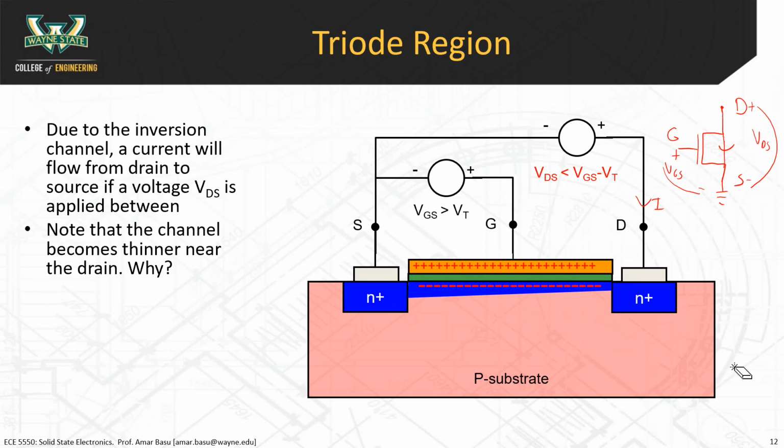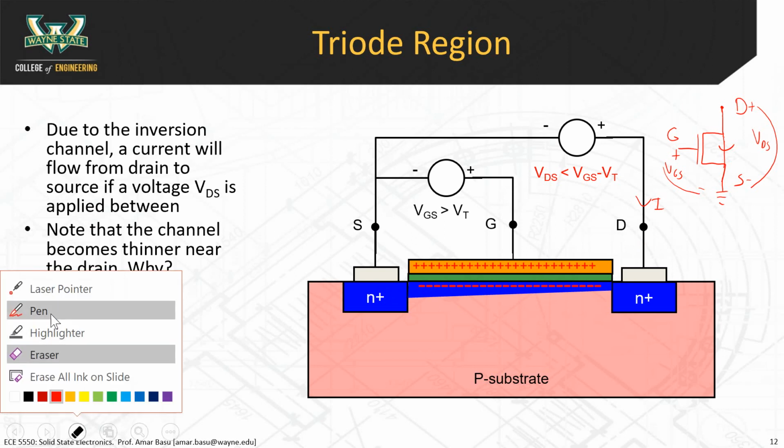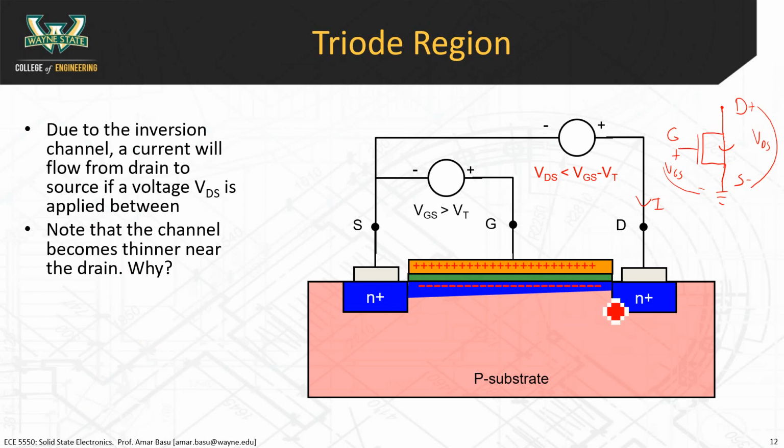Okay. So the question is, why does the channel look kind of thinner like this?